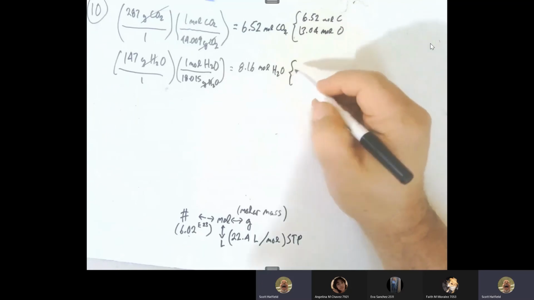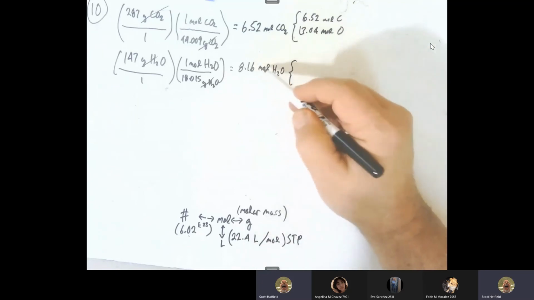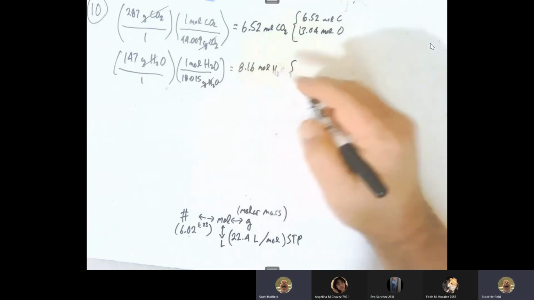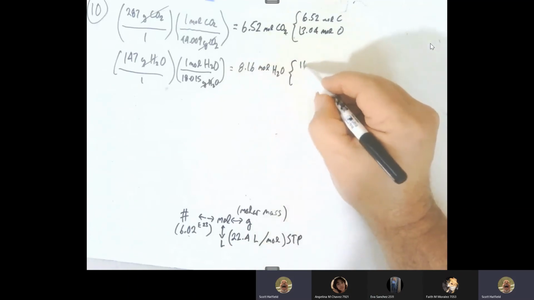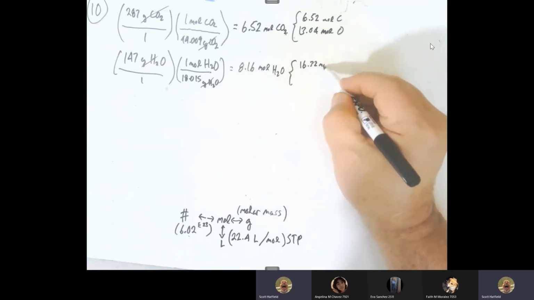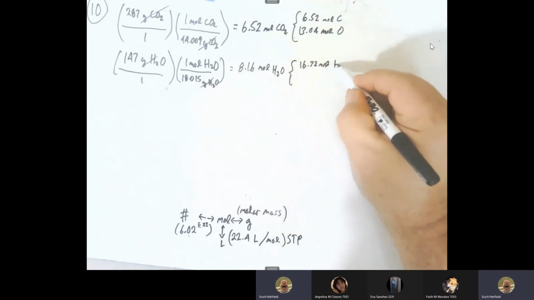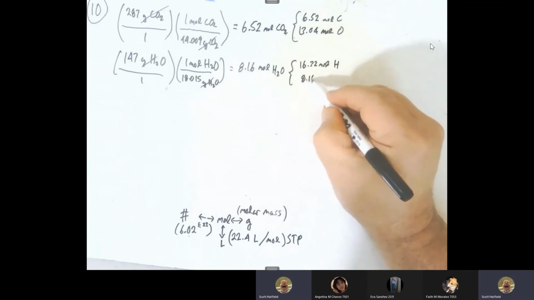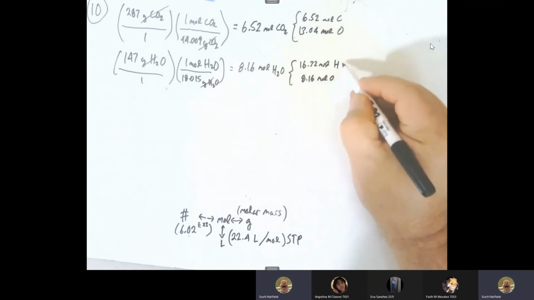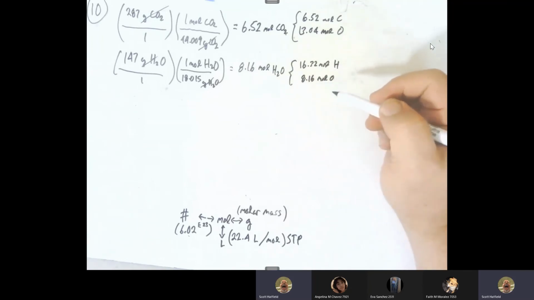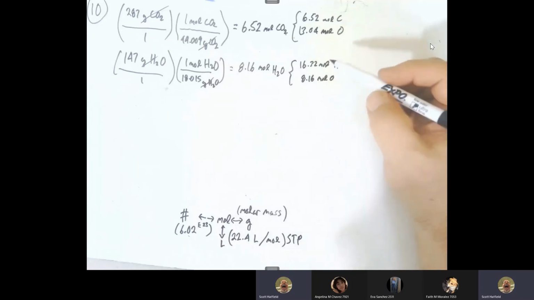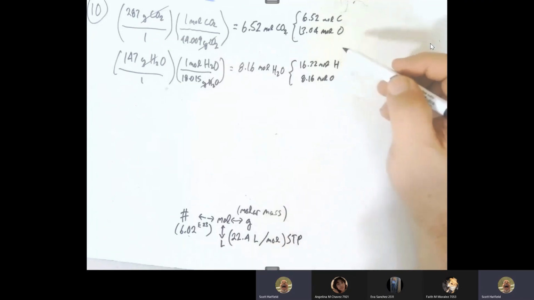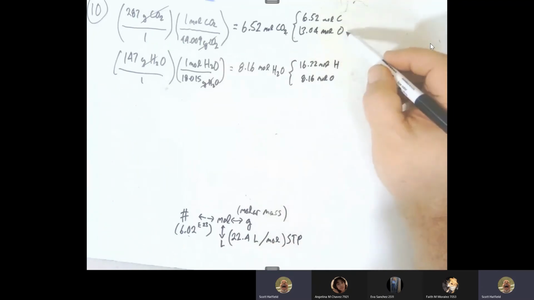Same thing's true for the hydrogens in water. If I've got 8.16 moles of H2O, I've got 2 times 8.16 moles for the hydrogens. So that's 16.32 moles of hydrogen and 8.16 moles of oxygen. Now I've got to recognize that I actually have 2 sources of oxygen.